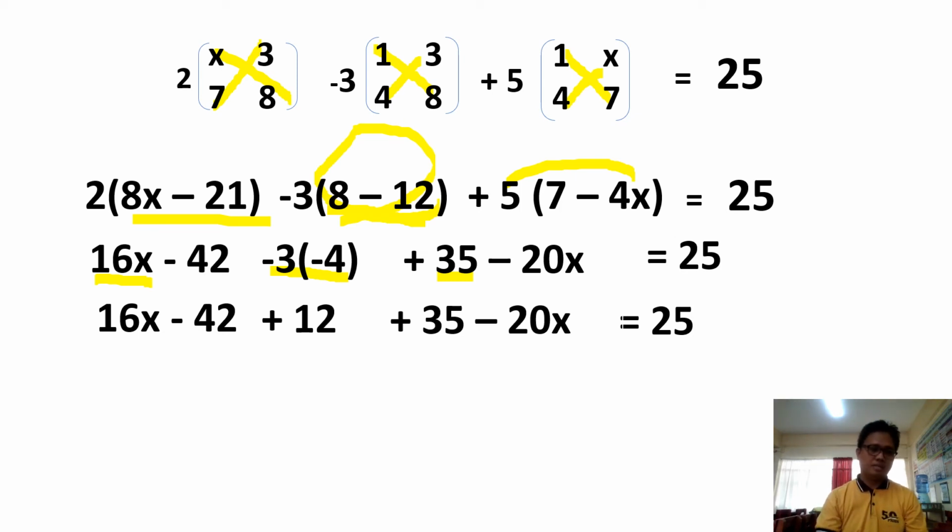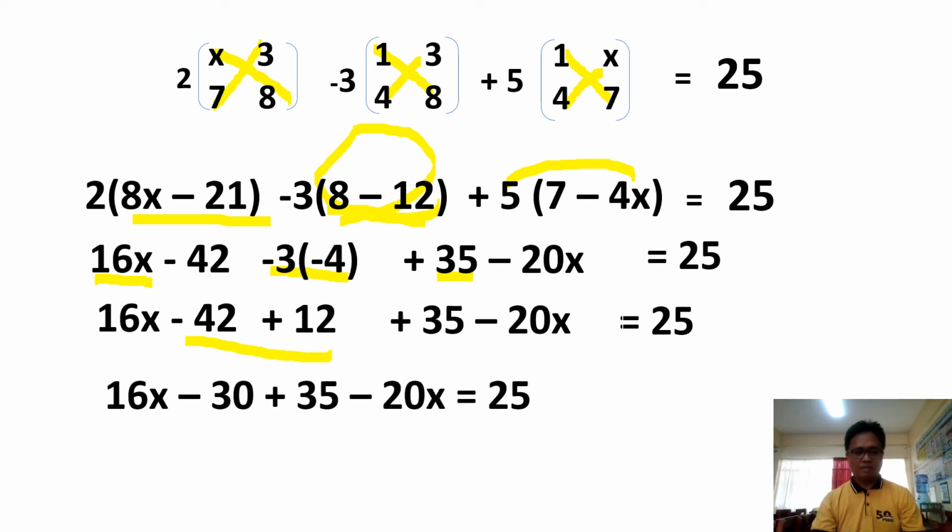Okay, then we can start solving negative 42 and positive 12. So just copy 16x. Then negative 42 plus 12 is negative 30. Then copy 35 minus 20x equals 25.